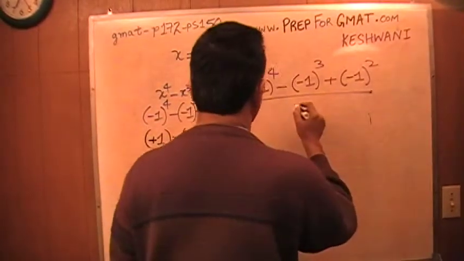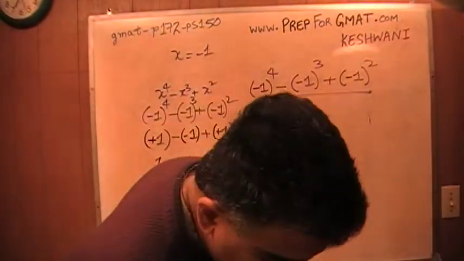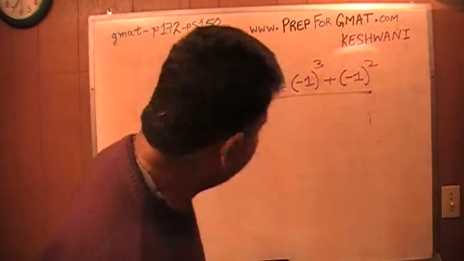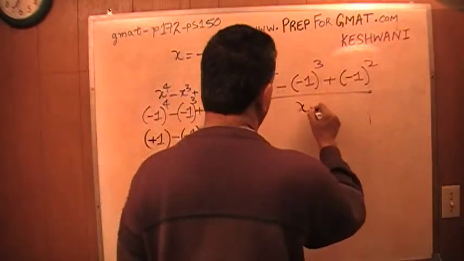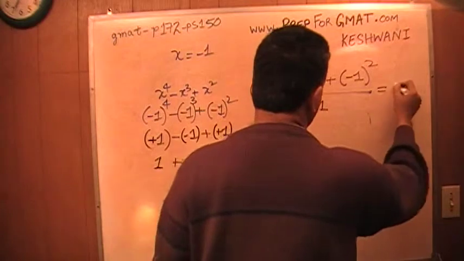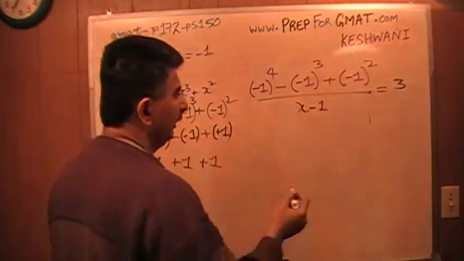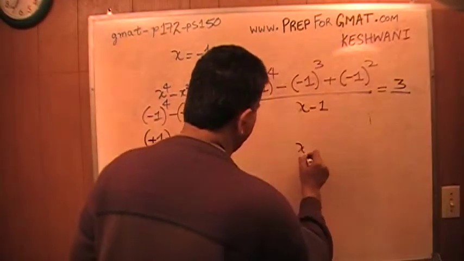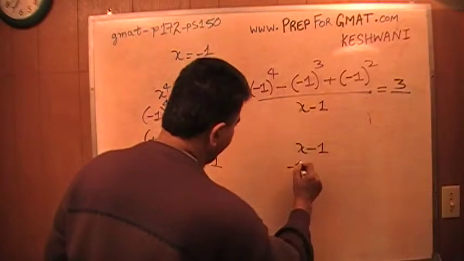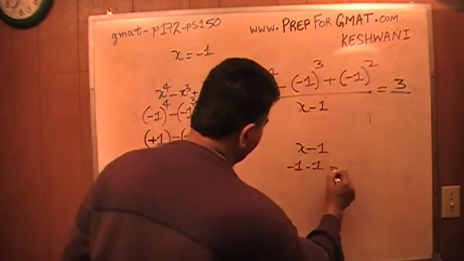What do we have on the bottom? The bottom is x minus 1. The top is 3, we already found it out. And x minus 1, since x is -1 minus the 1, that's -2.